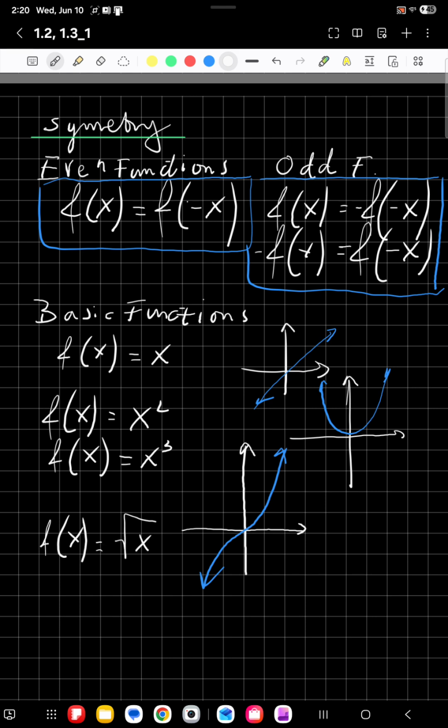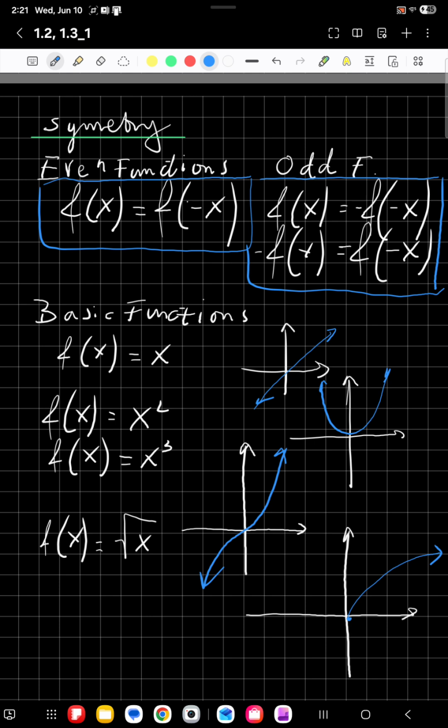You know, that doesn't mean we won't be using other functions, but yeah, these are probably the most commonly used. All right, so graph of square root function looks like this, something like that. 0 belongs to that function.